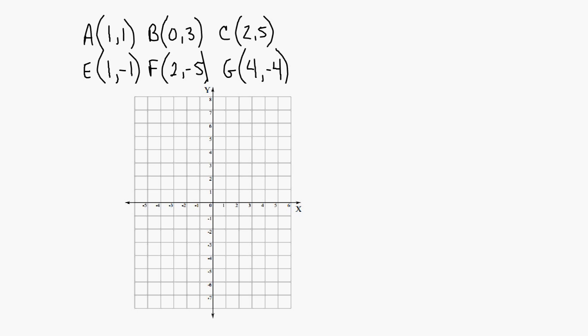You got 1, 1, 0, 3, 2, 5, the other triangle is at 1, negative 1, 2, negative 5, and 4, negative 4.